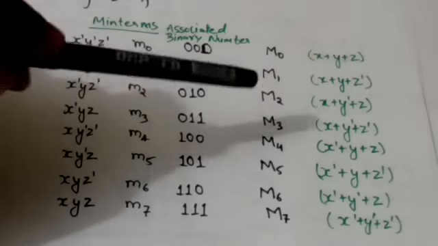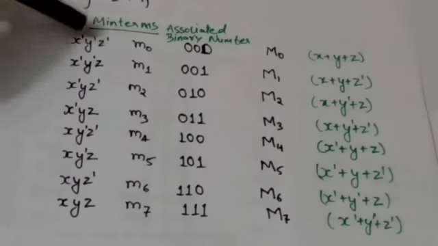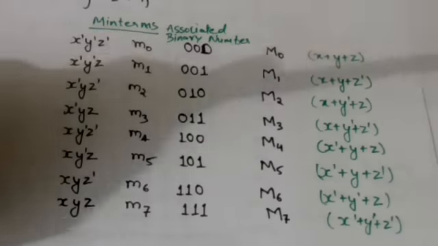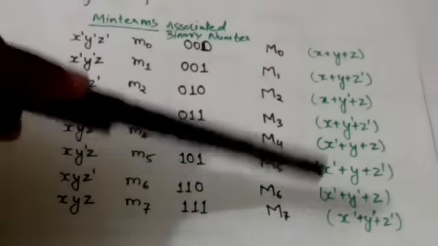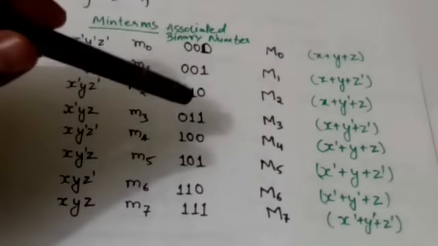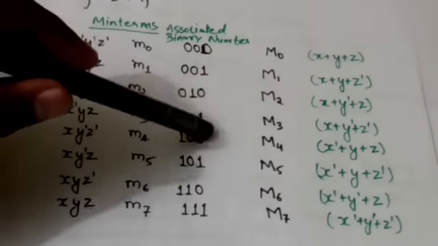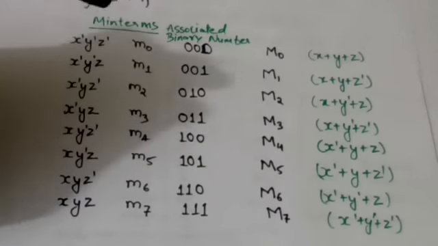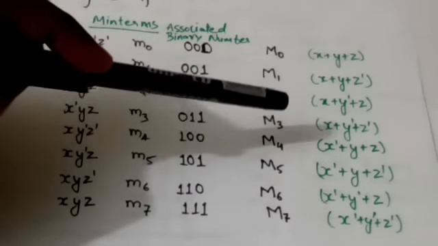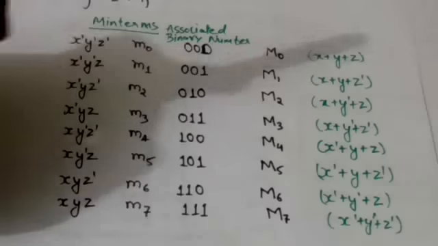But there is a difference. Minterms are AND terms and maxterms are OR terms. Now see this number 100. This binary number is associated with minterm m4 as well as with maxterm M4.